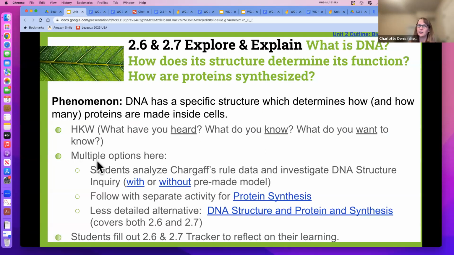You know, old style would have been, we would have just stood up at the front of the room and said, Chargaff was the scientist, and he calculated that A and T are equal and C and G are equal, right? It's true that the same information is getting across, but the fact that students have agency in doing the counting and figuring that out for themselves aligns much better to our design principles and patterns.